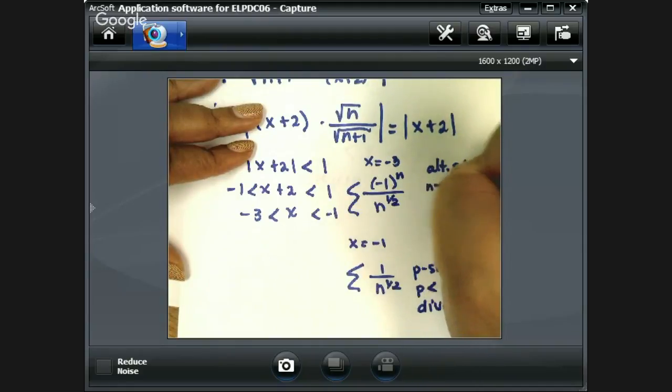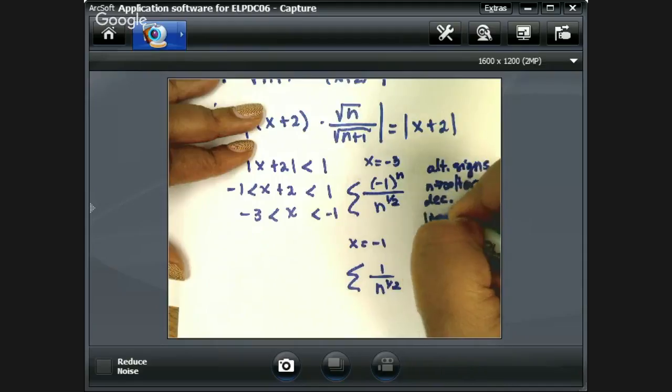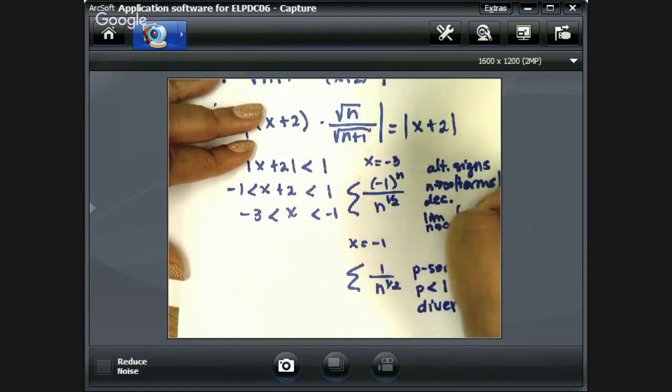As n goes to infinity, terms decrease. Okay. And well, actually the absolute value of the terms decrease. And the limit as n goes to infinity of this nth term is 0.